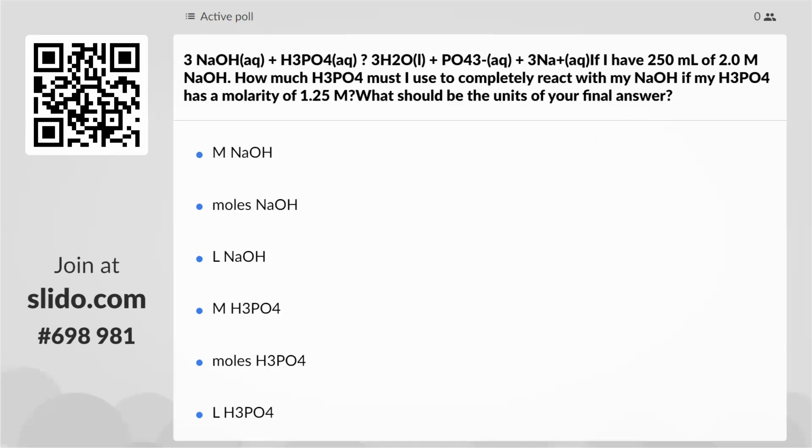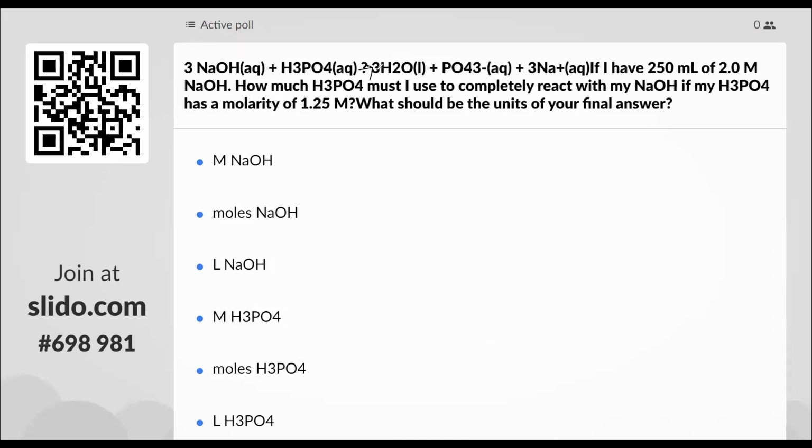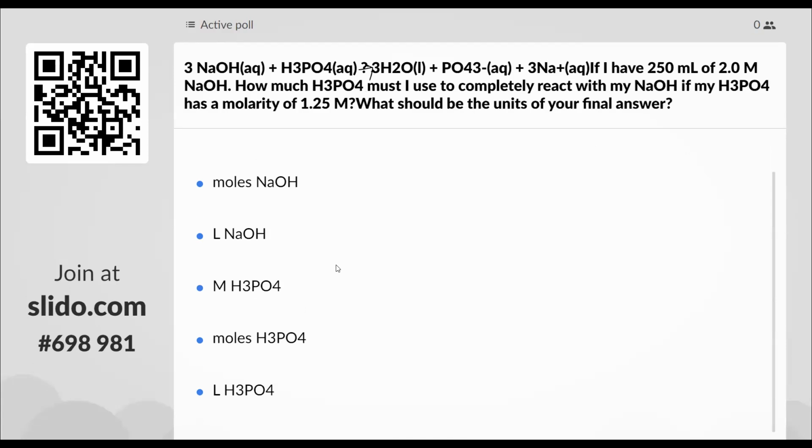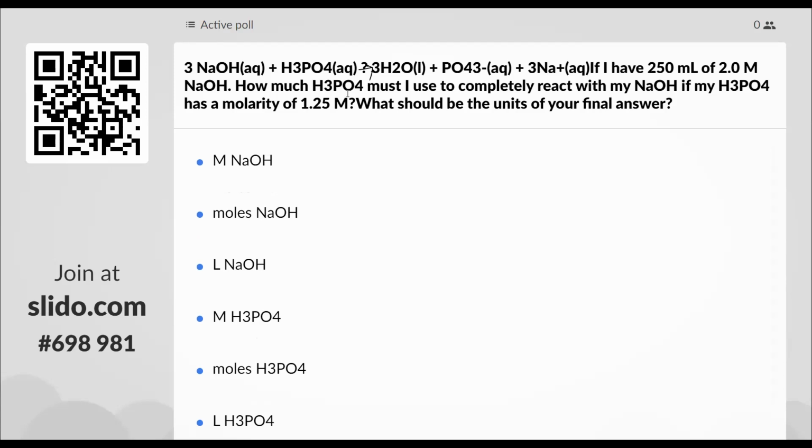Here's another question for you. It's the same equation we were working on previously; instead of a question mark, that should be an arrow. If you have 250 milliliters of 2 molar NaOH, how much H3PO4 must I use to completely react with my NaOH if my H3PO4 has a molarity of 1.25?